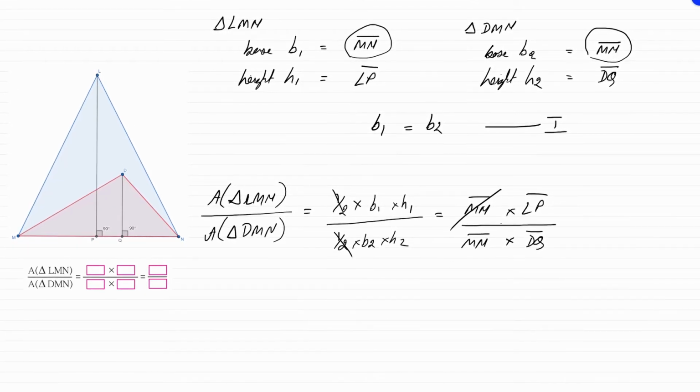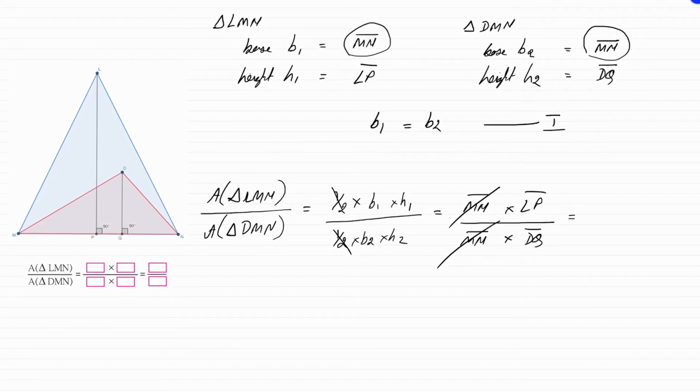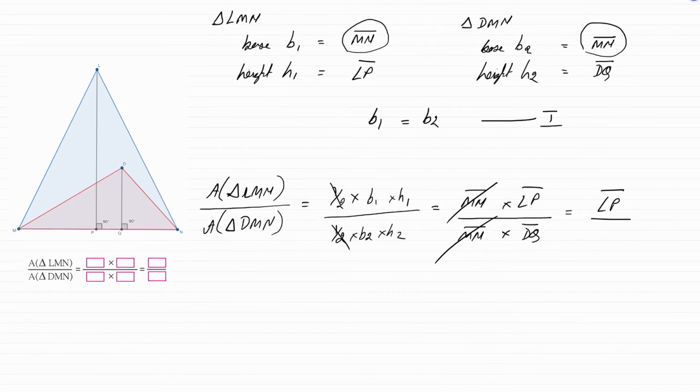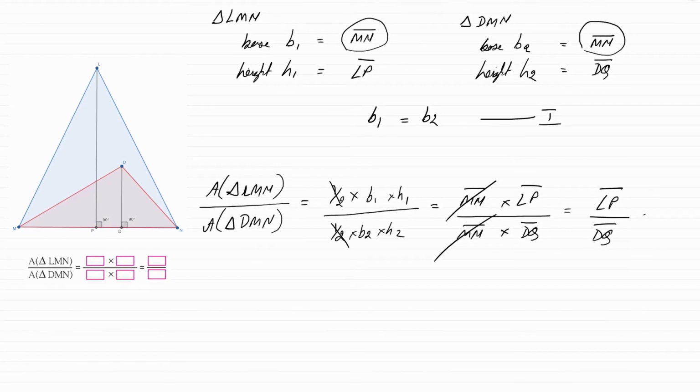Now again you can see the similar one gets cancelled, and what is remaining is segment LP and segment DQ, which is basically H1 upon H2.